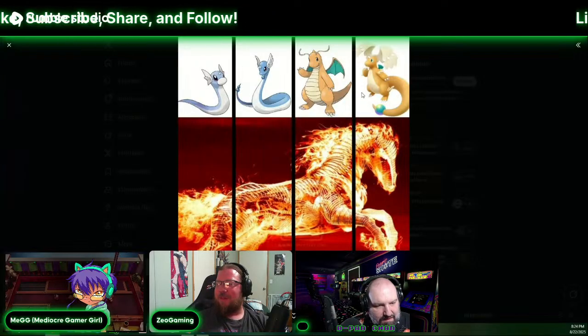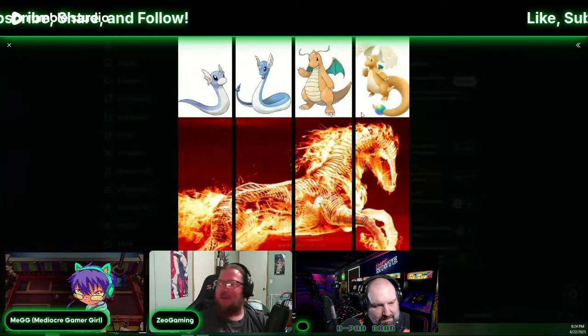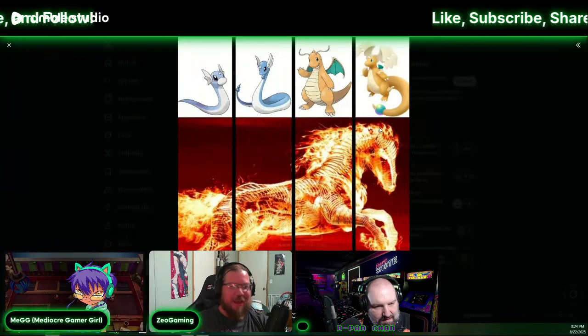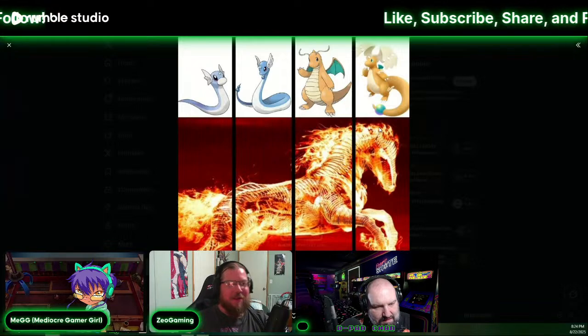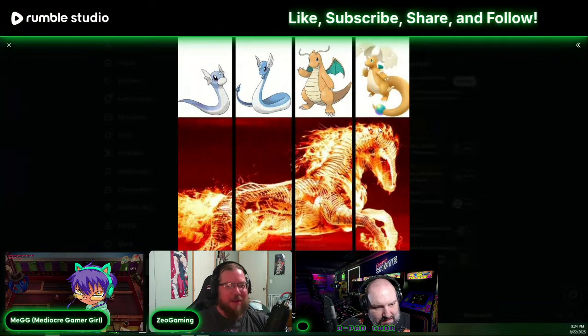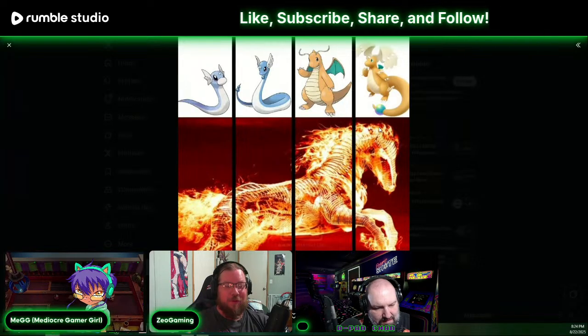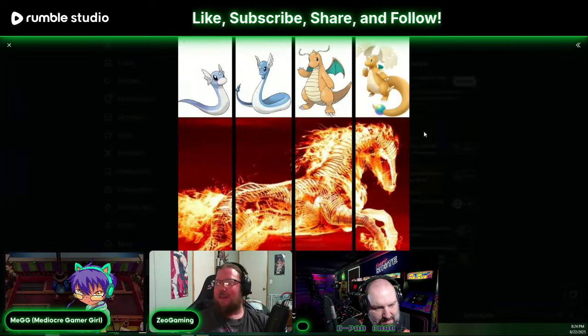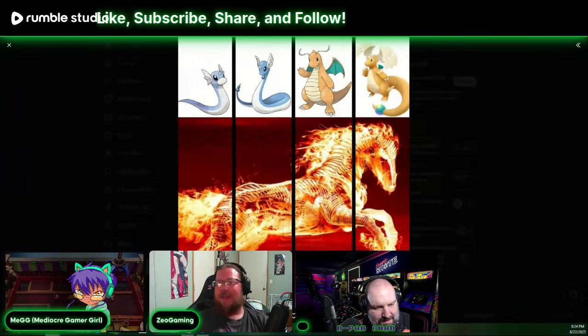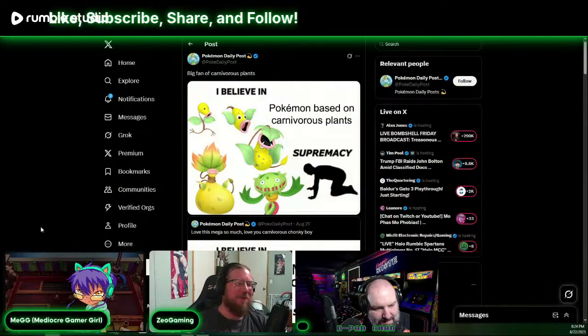Maybe the balls come back and reform as something floating around the end of the tail. That would be cooler to encapsulate the fact that Mega Dragonite is ultra powerful. Instead we got Dumbo ears.